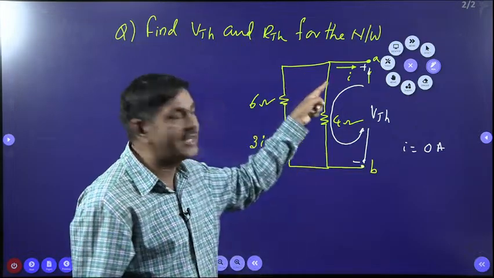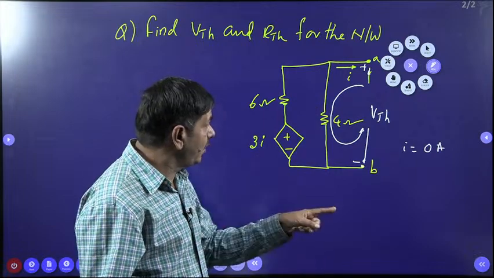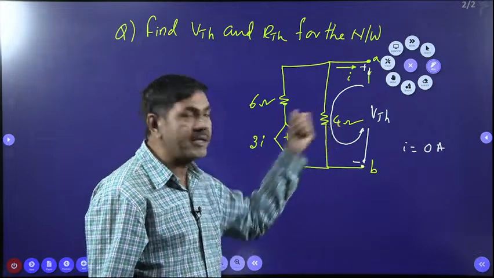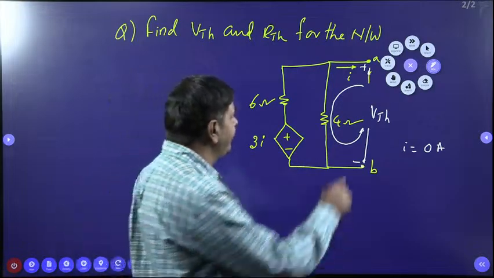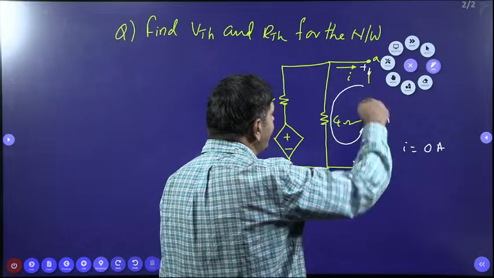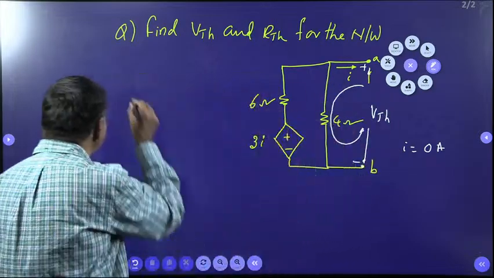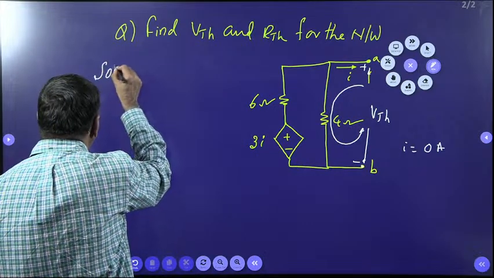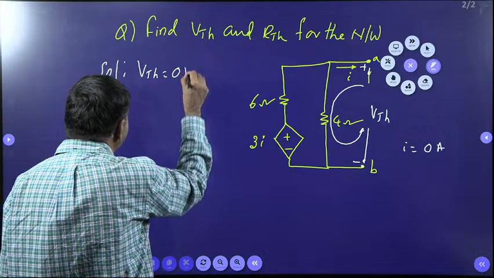Across 4 ohms, no current flows. When there is no current across the 4 ohms, the drop across this 4 ohm becomes 0 voltage. Directly you can say VTH is 0 voltage. Why, sir? No current is passing, so VTH becomes 0 voltage. So I can write directly VTH equal to 0, with the explanation I gave.